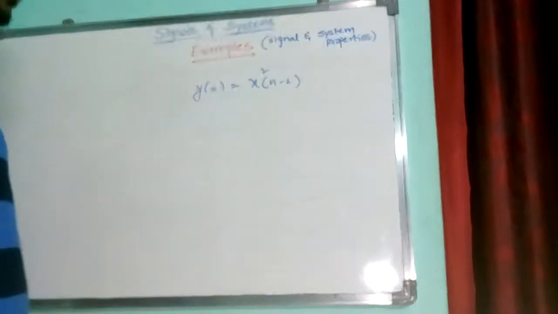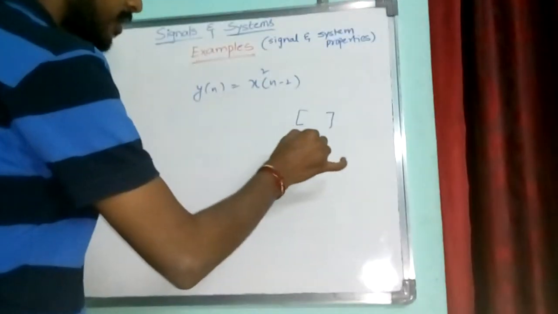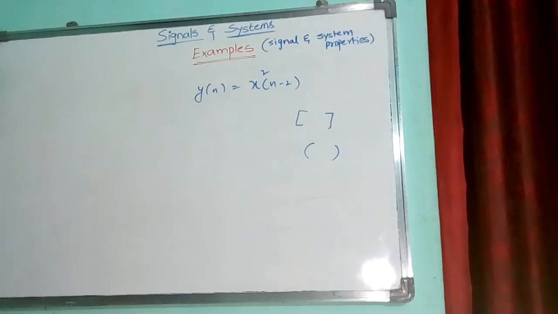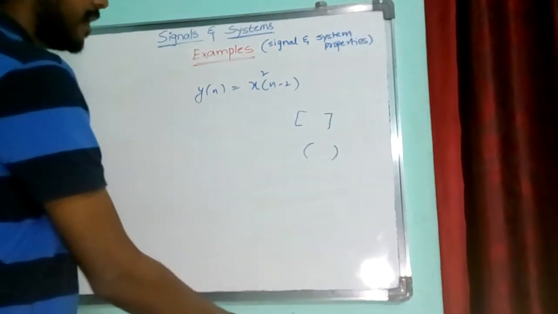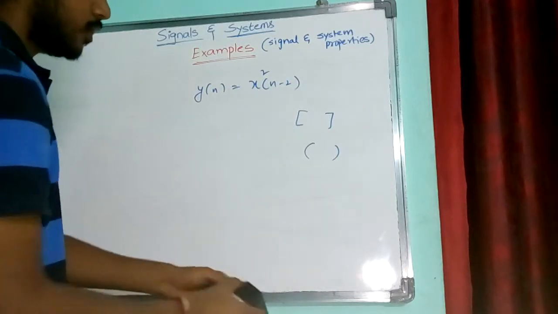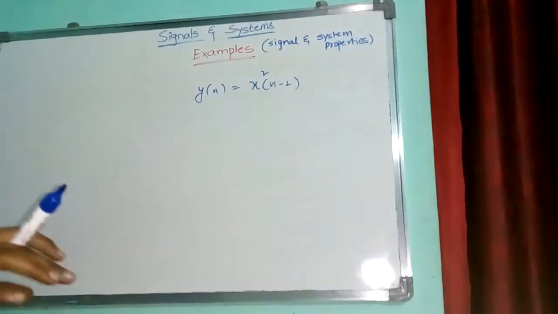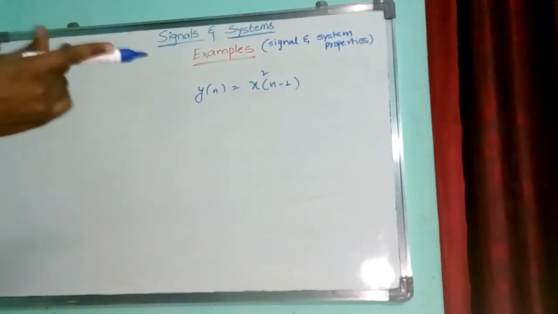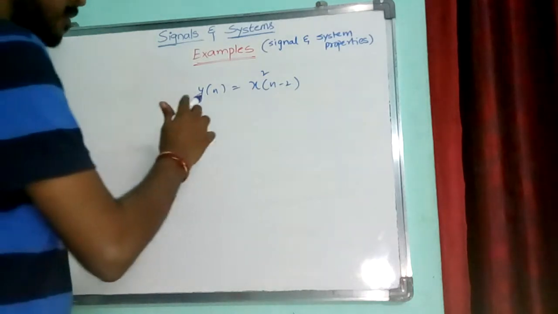Generally for the discrete signals, this is the bracket, and for the digital signals, this is the bracket. But every time writing this way is not possible whenever I am writing on the board, so I am considering this way. As far as we are considering, these are all discrete signals, not the digital signals. I hope you know the difference between the discrete and digital signals. That is time sampled, whereas this is non-time sampled.